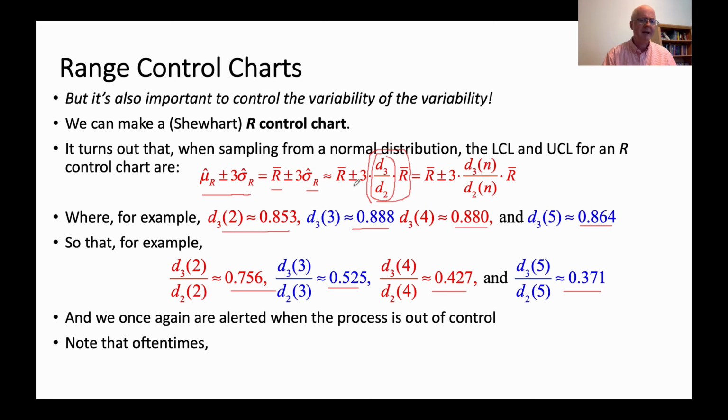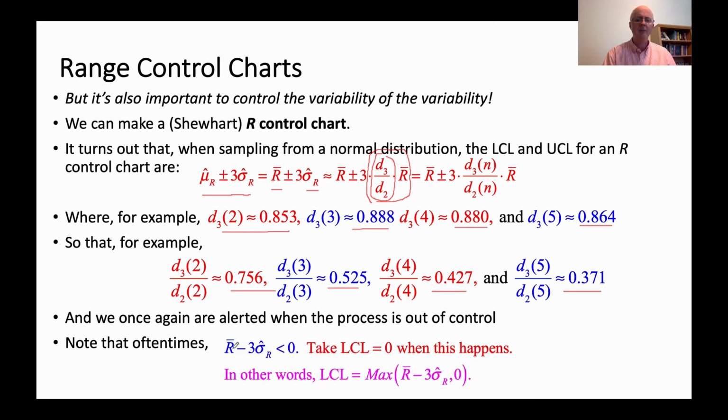But ranges can't be negative. Oftentimes, r bar minus 3 times sigma sub r hat is negative. In this case, take LCL to be 0. In other words, LCL is really not this thing with a minus sign. It's really the maximum of this difference and 0. That's really what LCL is in this context.